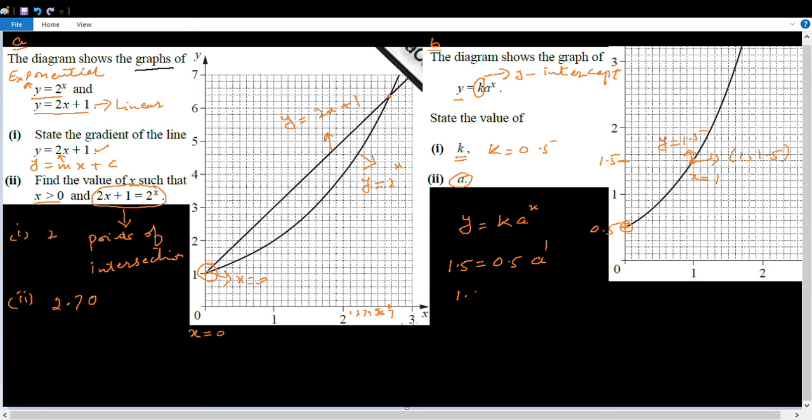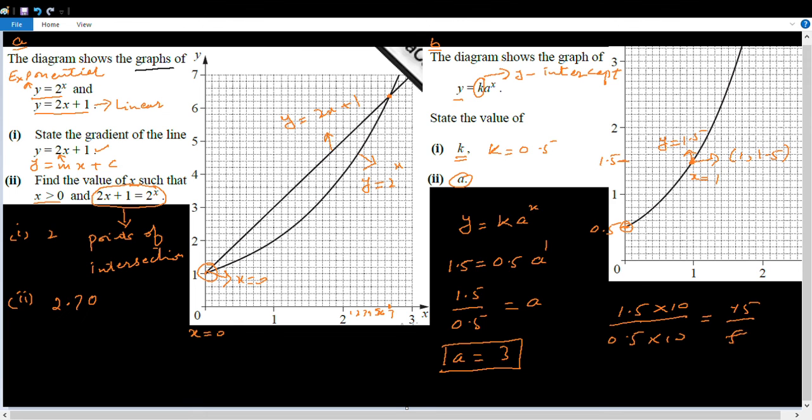So now we will divide 1.5 by 0.5 equals a, because a raised to the power 1 is a, and this will give you a is equal to 3. To remove the decimal and simplify, we multiply both by 10, it becomes 15 and 5, so 5 threes are 15. So 3 is the answer of the question.